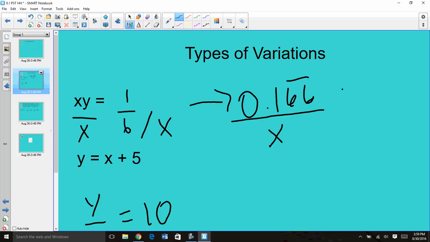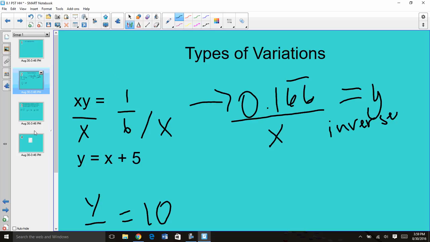And that equals our y. So we have a constant, even though it's a fraction, it's still a constant, 0.166666 divided by x equal to y. So we know it's an inverse variation because we are dividing by our x.